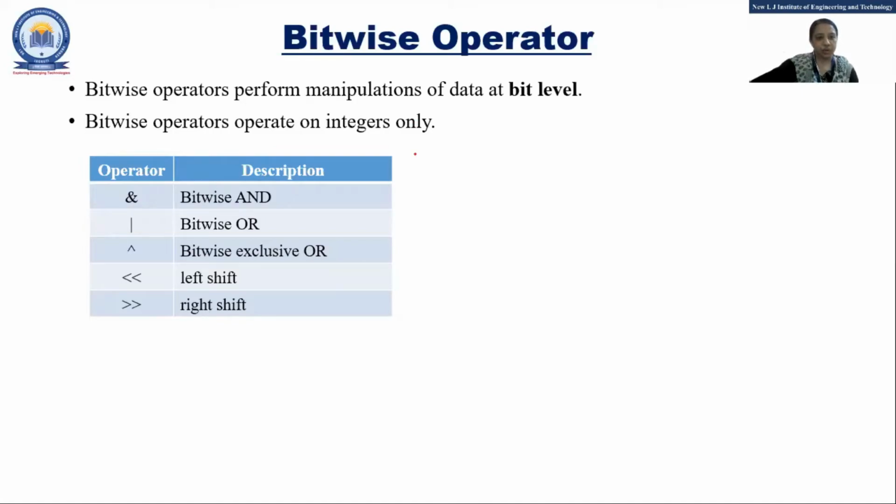The next one is what? A bitwise operator. I told you in the first or second lecture of C, in unit 1, that C is a middle level language. Sometimes it will be asked as a 1 mark question: C is a middle level language, why? Middle level language means C also performs at bit level.